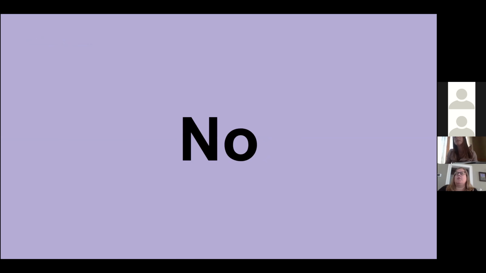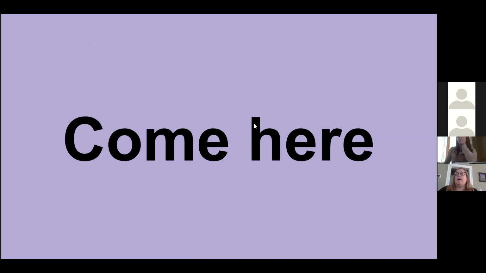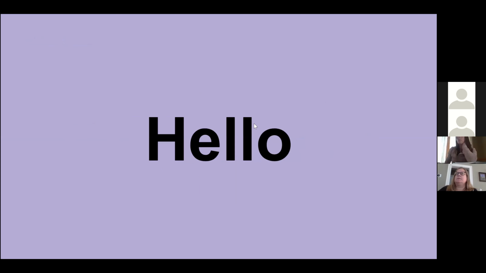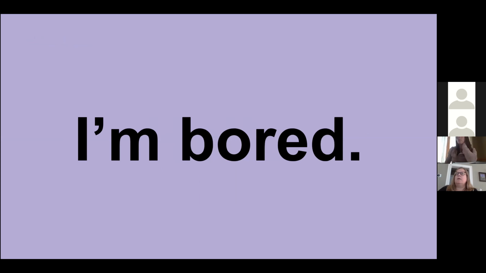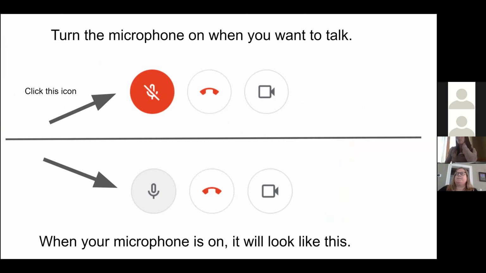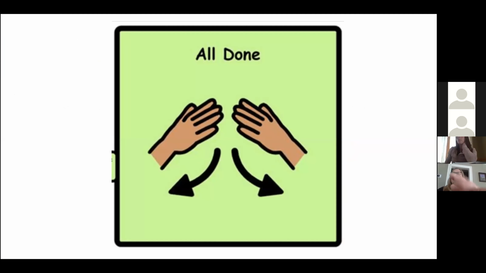Then there were other prompts that I had them take turns practicing. Each kid got to pick one to do. I try to make them kind of funny so they would be a little bit more interested in doing that. And then we were finished. So that was one lesson.